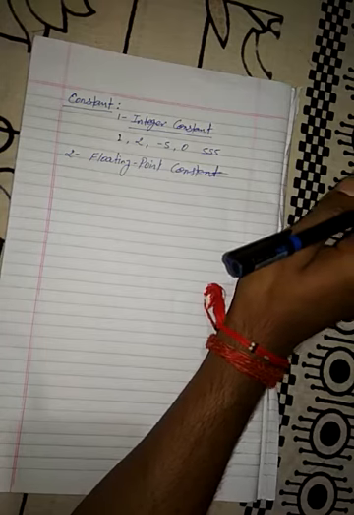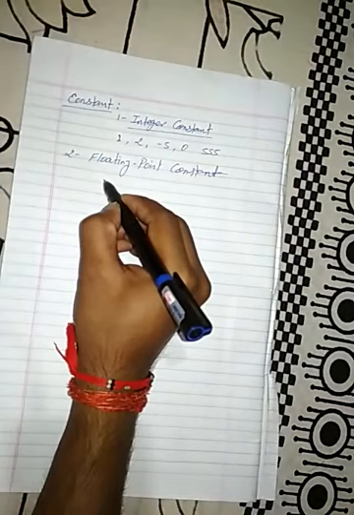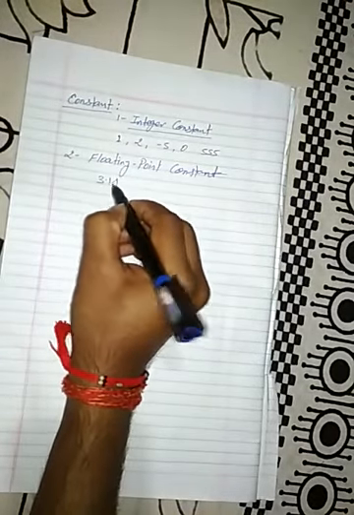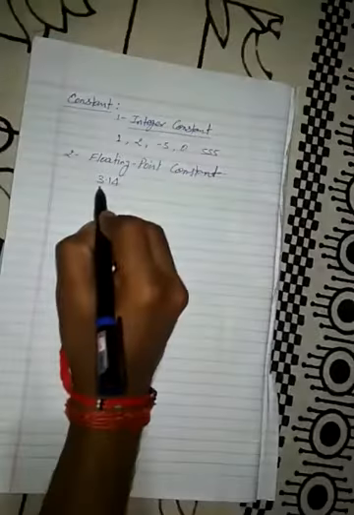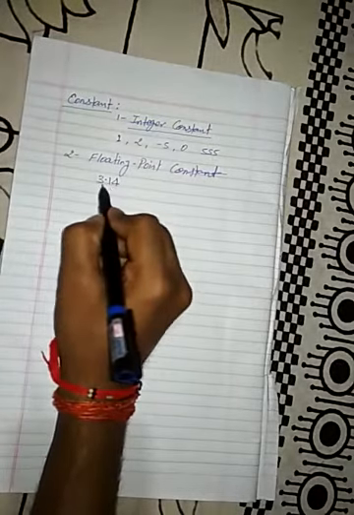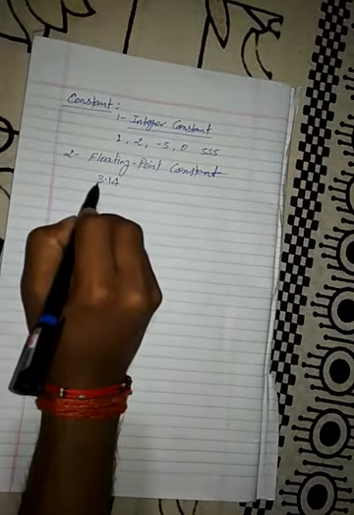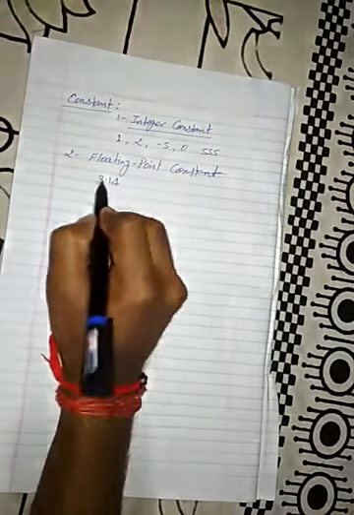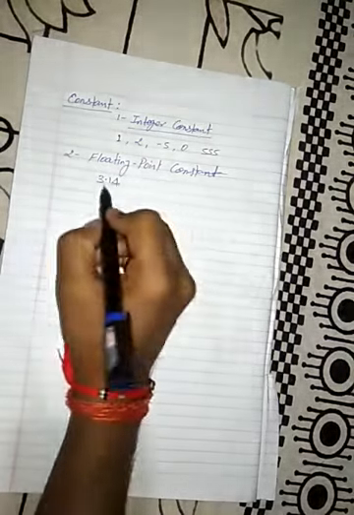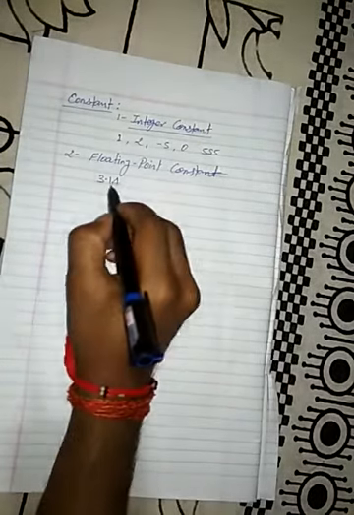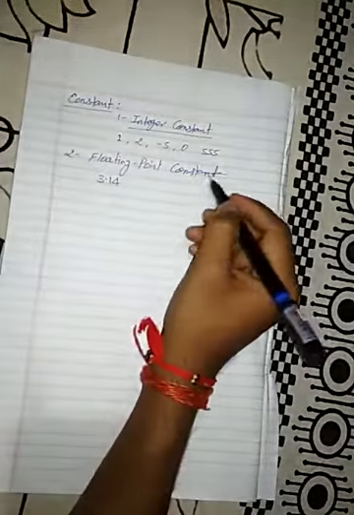For example, the very famous 3.14, it is the value of pi. Here you can see 3.14, this is a decimal number, and if we use this value in the program and, as we know, this will never change in the whole program, then this is considered as floating point constant.